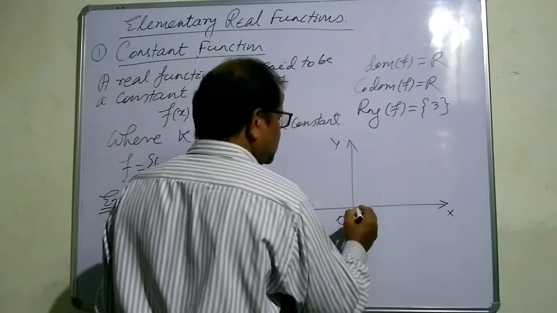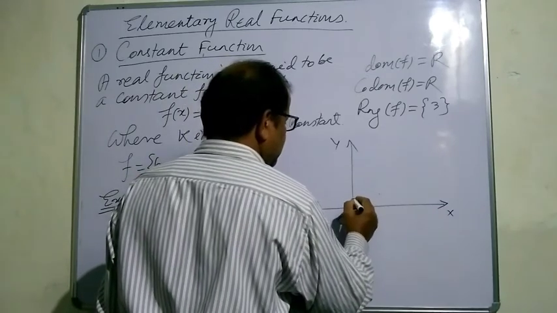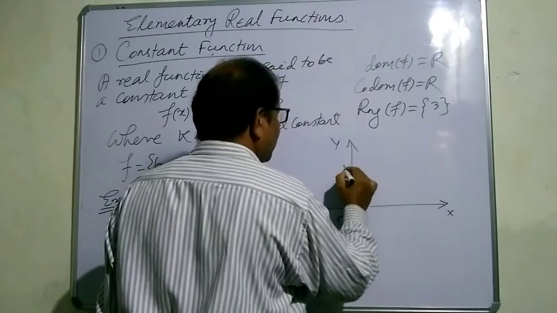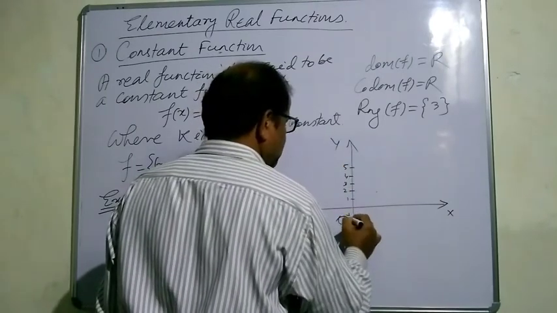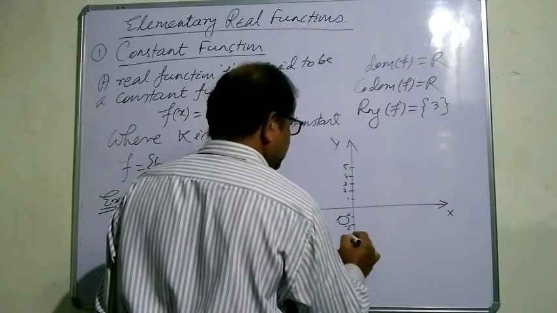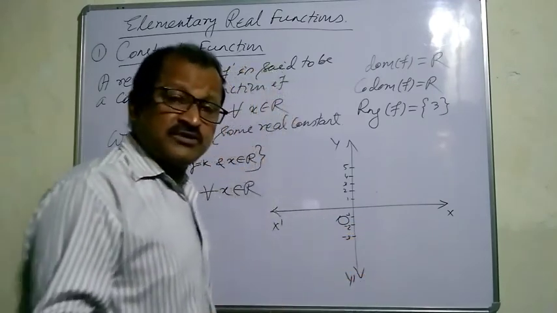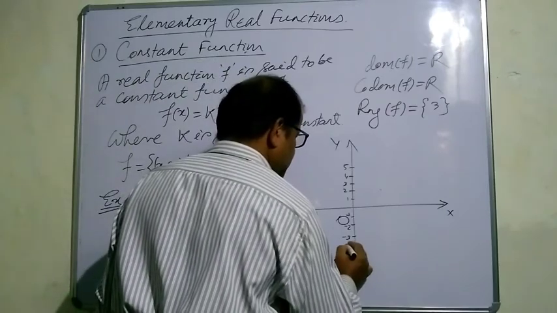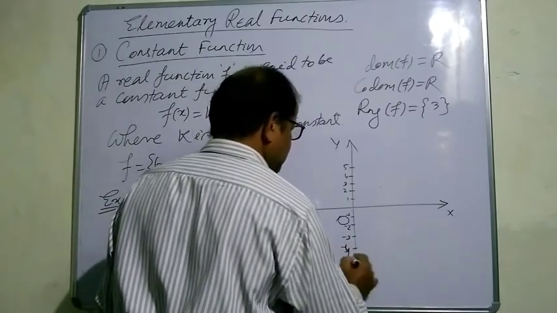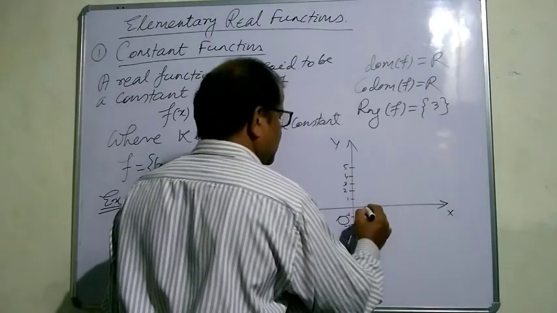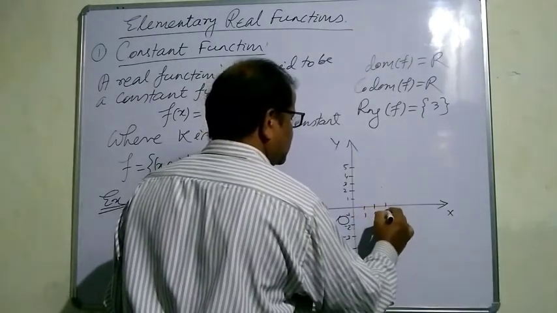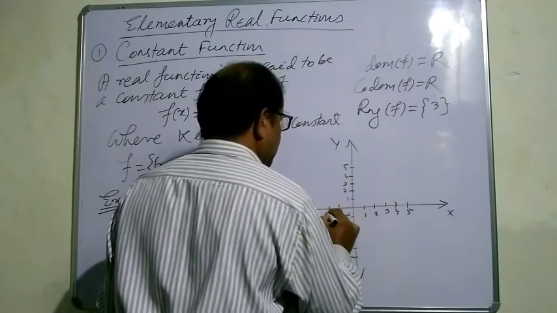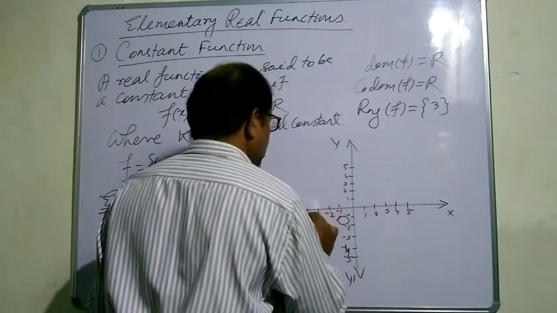And suppose it is, say, 1, 2, 3, 4, 5, -1, -2, -3, -4, -5, like this. Graph means we have to use graph paper.